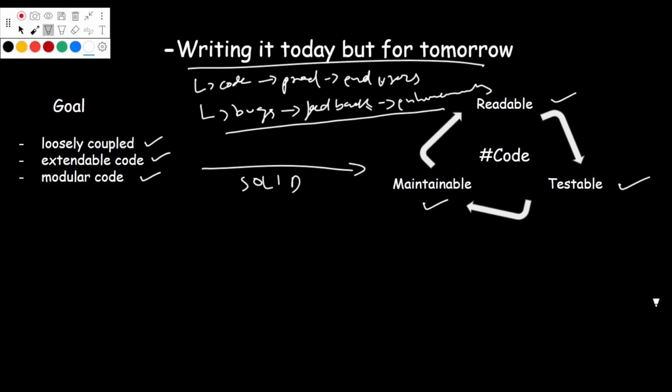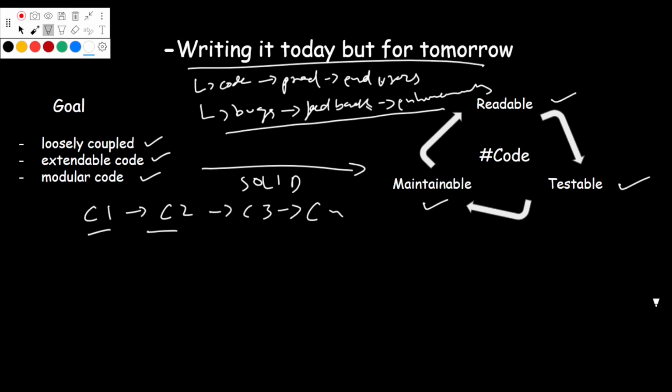Okay, so loosely coupled means your classes. Say for example, there are classes C1, C2 and C3 and so on. There could be multiple classes in an application, and those classes should be loosely coupled so that changes in one class should not impact another class.